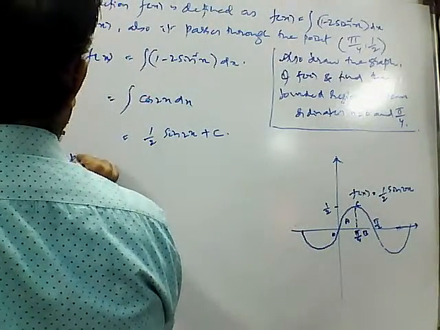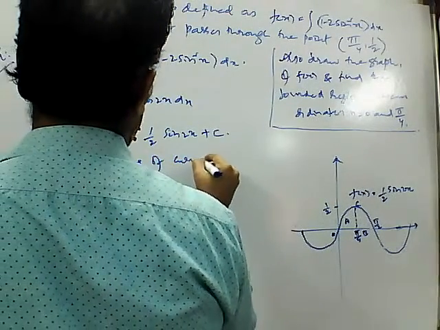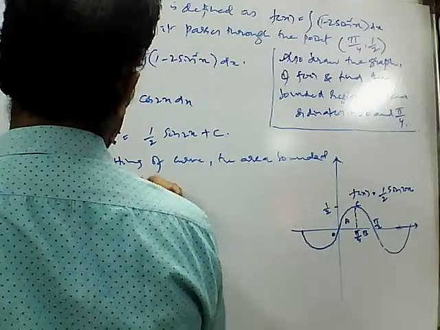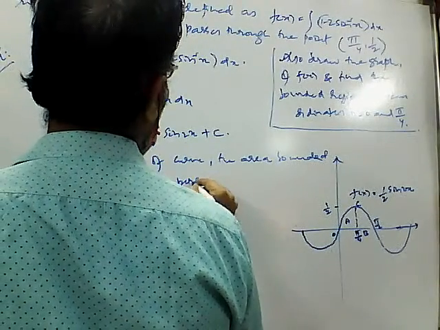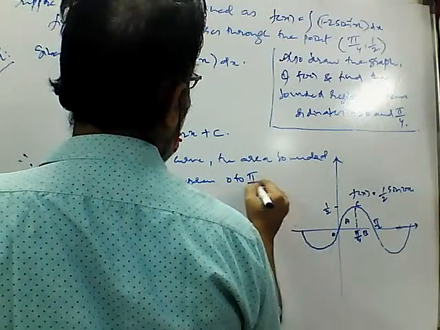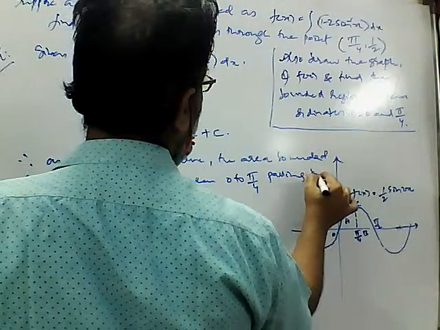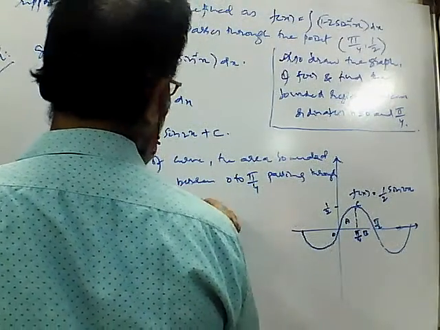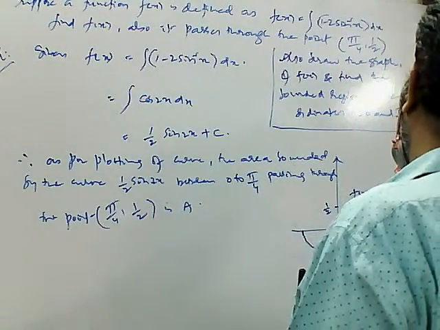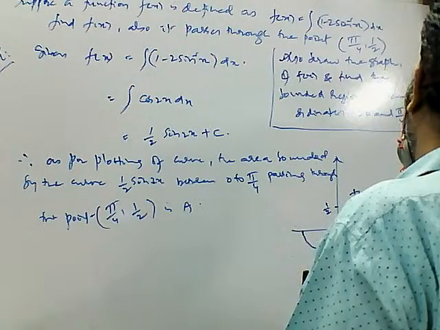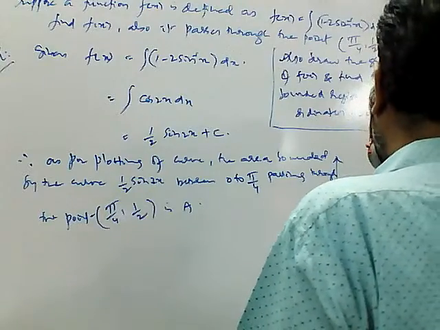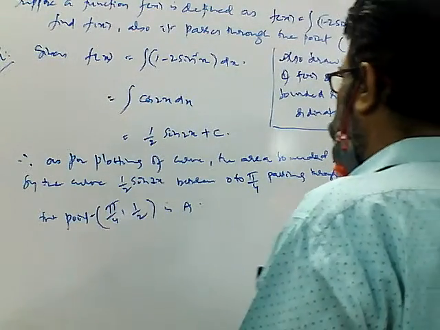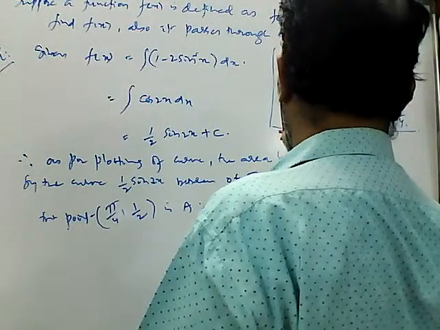Therefore, as per plotting of the curve, the area bounded by the curve half sin 2x between 0 to pi by 4, passing through the point pi by 4 comma 1 by 2, which is A, is the region OBCO.